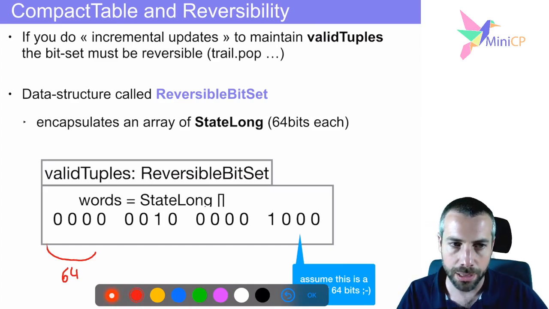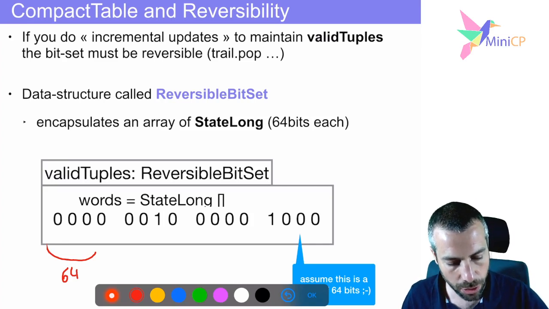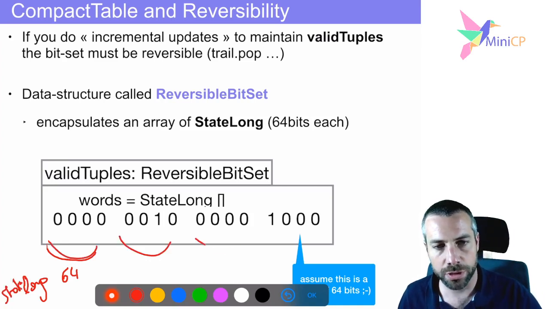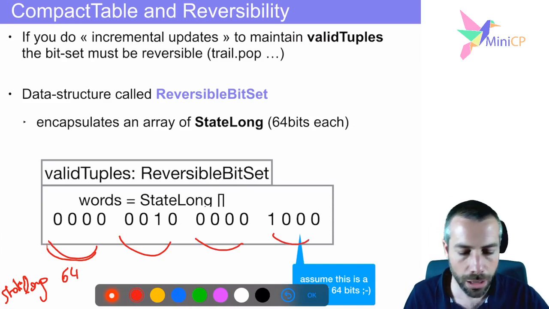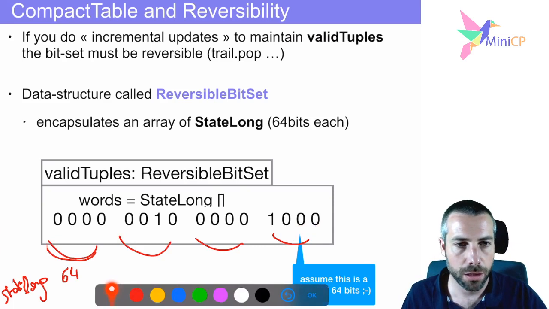This would be one long value in Java, or a state long. So we have 1 state long, 2, 3, and 4 state longs here. Just assume that it is a 64-bit long value.